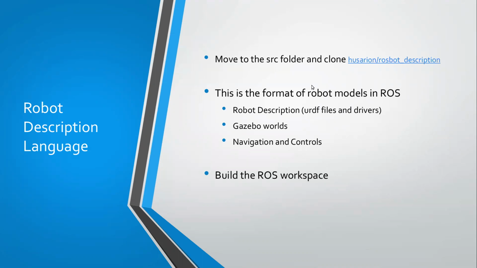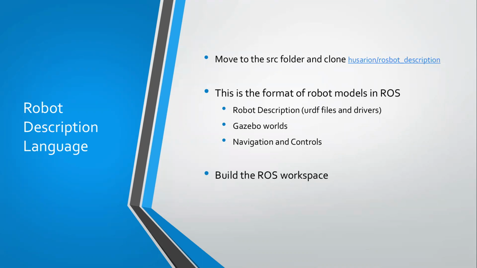So first thing first, when a vendor or some company creates a robot, and if they want their robot to run using ROS, what they do is they create something called a description package.